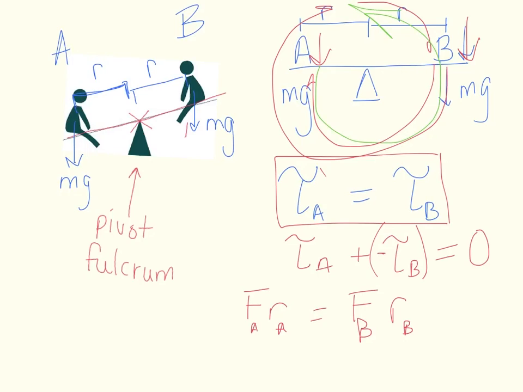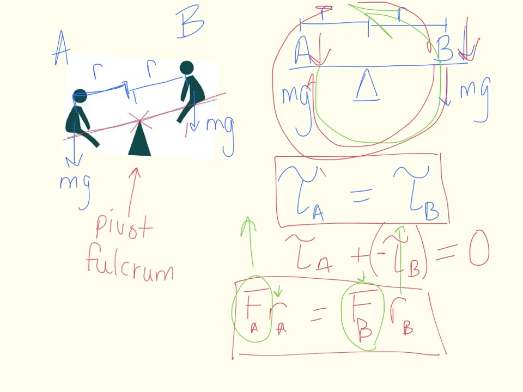Now you might be able to see what's really cool here: if one person has a much bigger mass, how could you still keep the whole system balanced? How could you still make each torque equal? Think about that for a sec. Hopefully you notice that if F is really big here and F is much smaller here, then in order for these two quantities to be equal, if this is really big, then that's got to be small to balance out this very small one and this big distance.